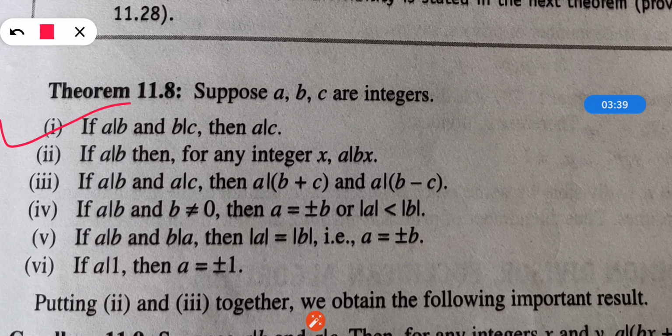If a divides b and b is not equal to 0, then a is equal to plus minus b, or mod a is less than mod b. If a divides b and b divides a, then mod a is equal to mod b, that is a can be equal to plus minus b. If a divides 1, then a is equal to plus minus 1. So these are the basic properties of divisibility.